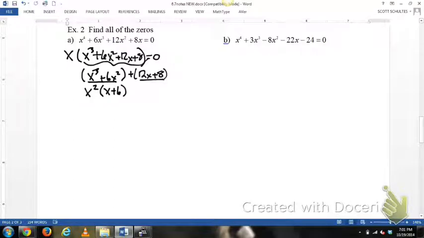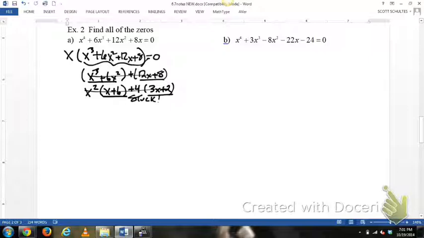From these two, the GCF I think is 4, which leaves a 3x plus 2. Wait a second, this is not good. The x plus 6 and the 3x plus 2 do not match. So I'm stuck. This is a dead end. I can't do anything more with that, so I can't factor that.